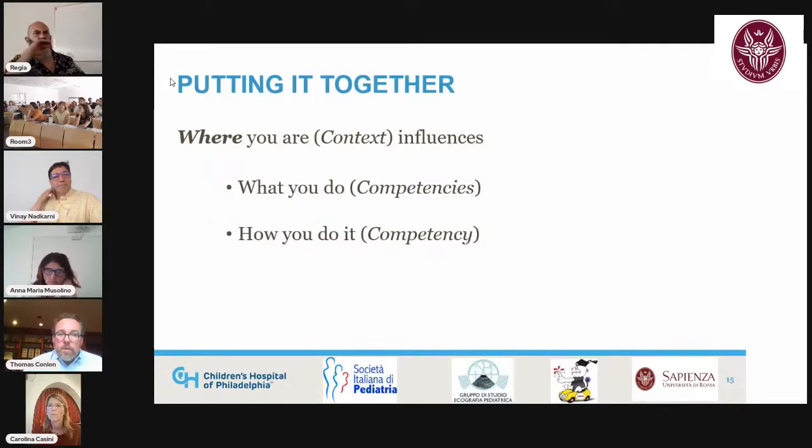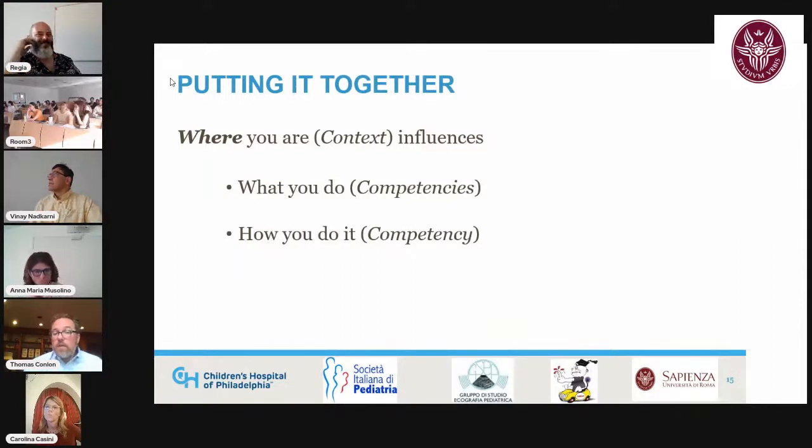So as I put those three words together, really where you are or your setting of practice, like as a pediatric emergency physician, is really going to influence what you do using point-of-care ultrasound and how you do it as far as developing your competency.